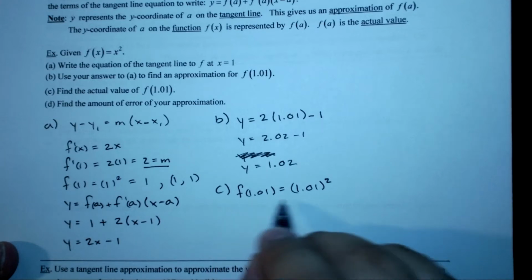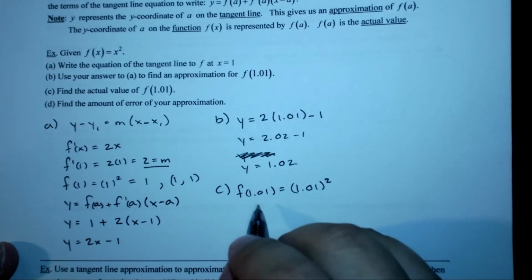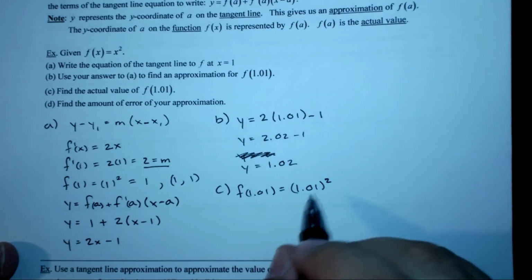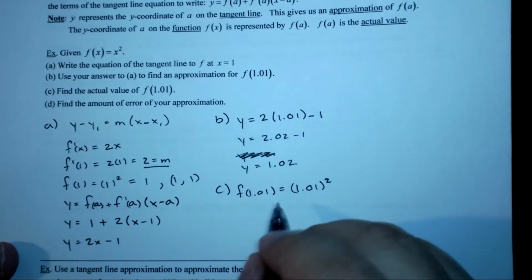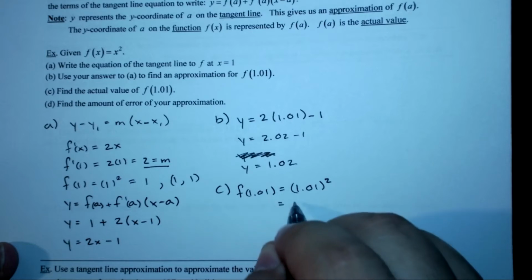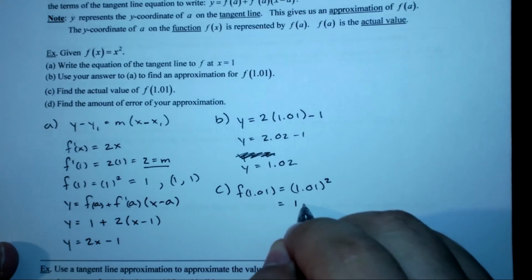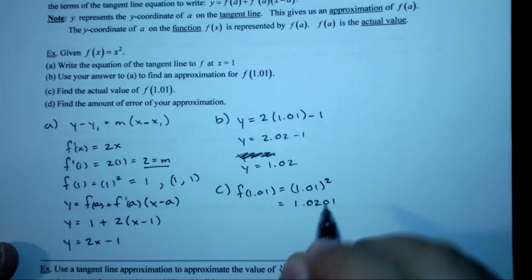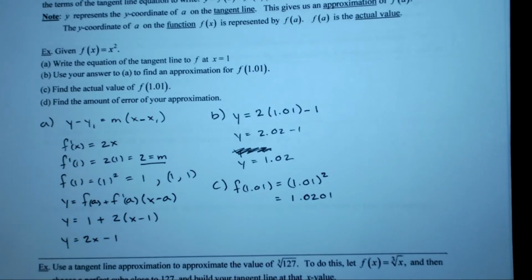So if we plug this into our calculator, or if you actually calculate it out, 1.01 times 1.01, you get 1.0201 exactly. Okay.